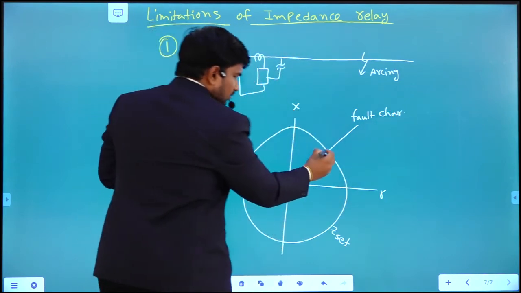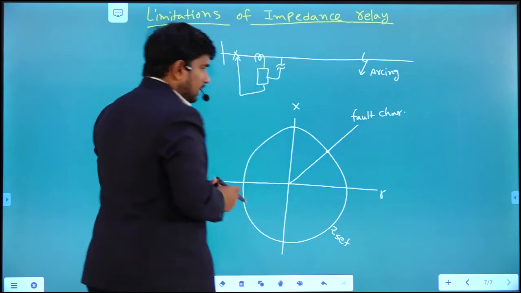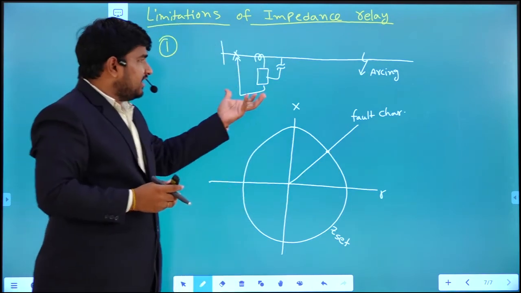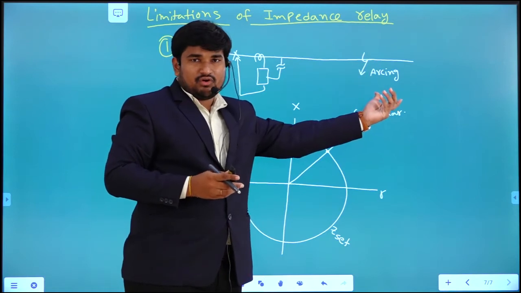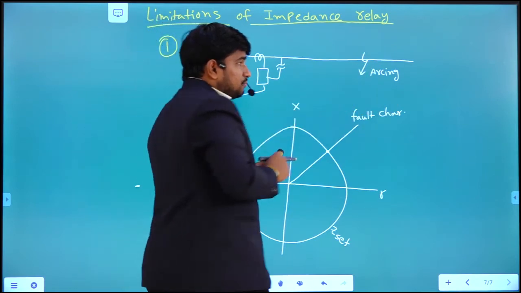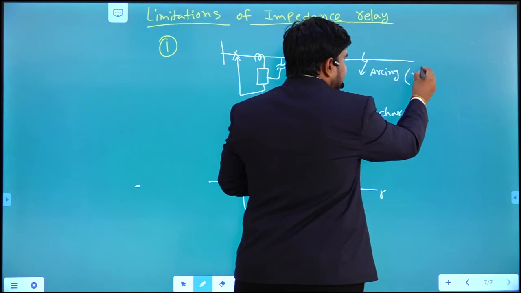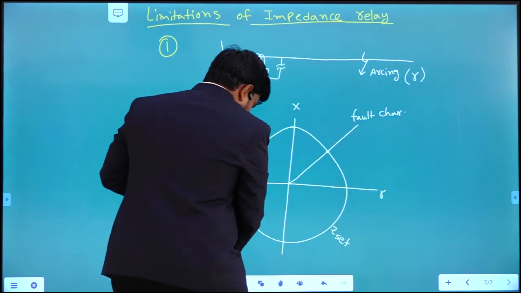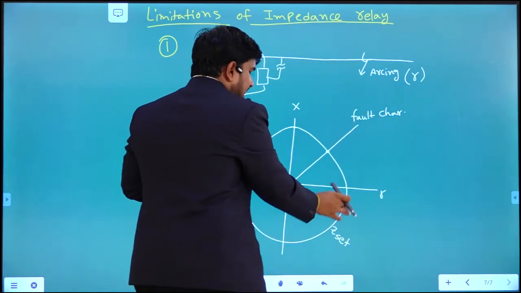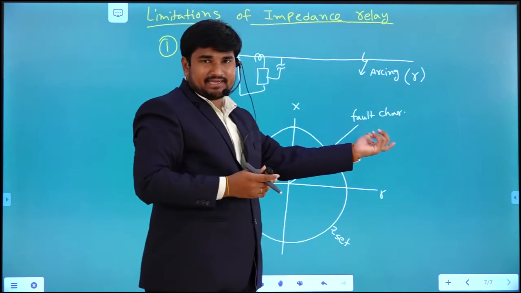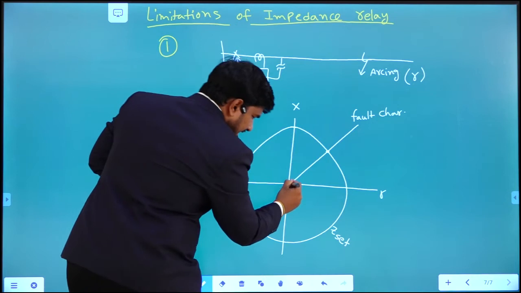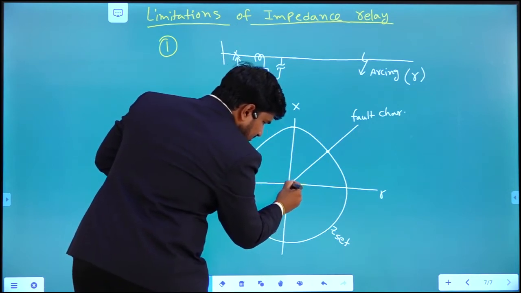Now, for example, if a fault happens with arcing, a small amount of arcing resistance will be added along with this fault characteristic.